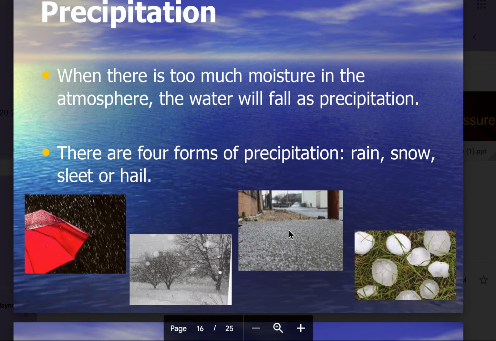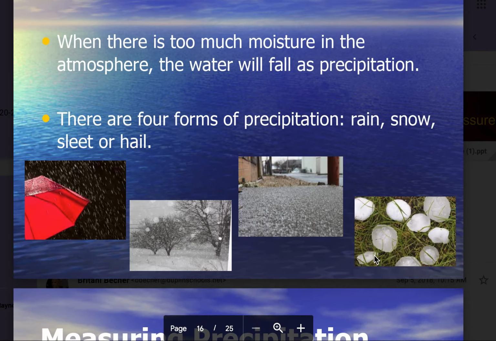You might hear people say freezing rain for sleet. So it depends on how cold the temperature is in the atmosphere when it comes down. So we can get hail in the summertime. It doesn't necessarily have to be cold outside. It just means how it is when it's in the atmosphere.